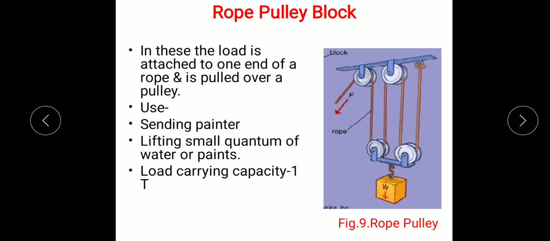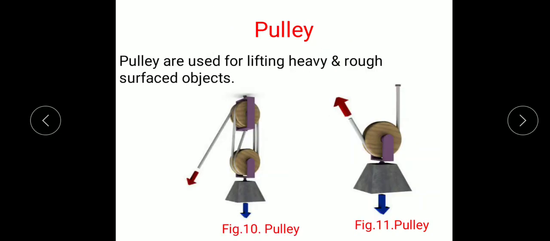Such a pulley finds applications for sending a painter to the highest level, or for lifting a small quantum of water or paints, and generally the load carrying capacity of such a block is 1 ton. The second type is the pulley.